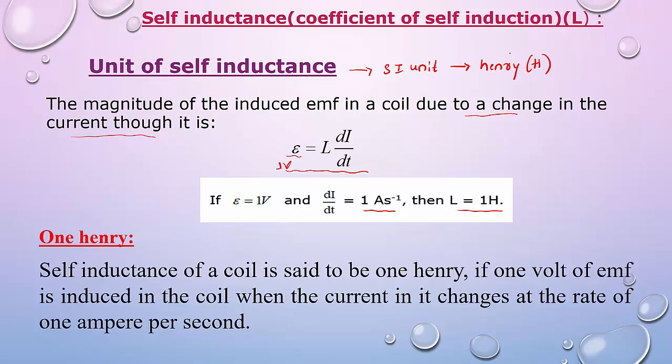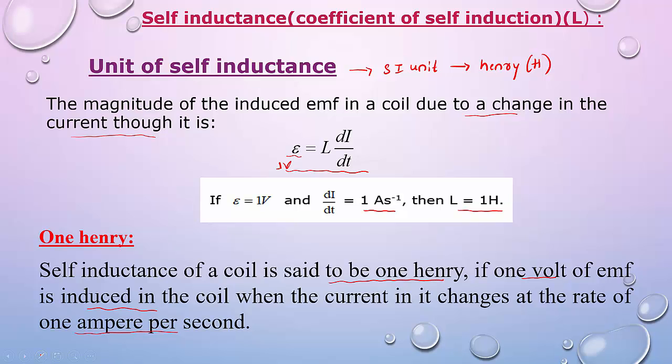Then how to define 1 Henry? Self-inductance of a coil is said to be 1 Henry if 1 volt of EMF is induced in the coil when current in it changes at the rate of 1 ampere per second.